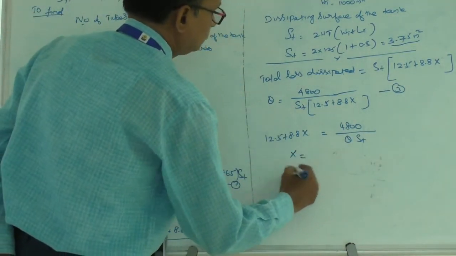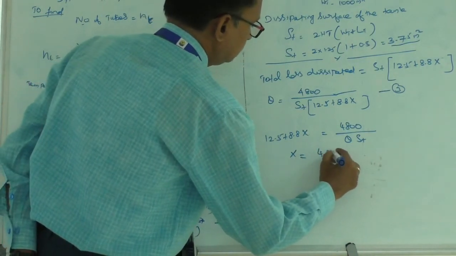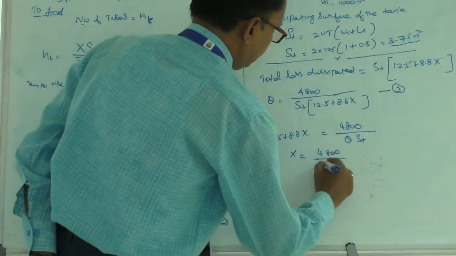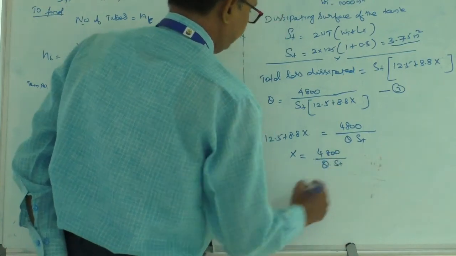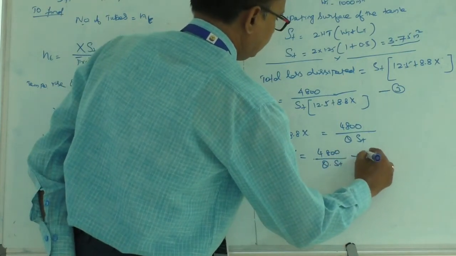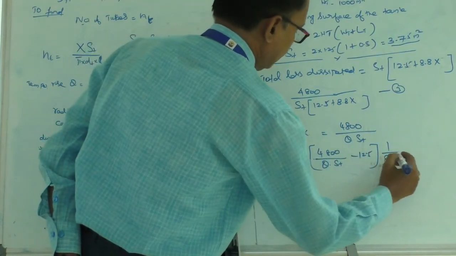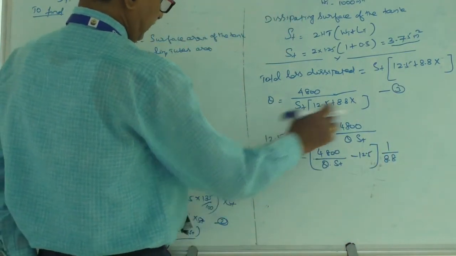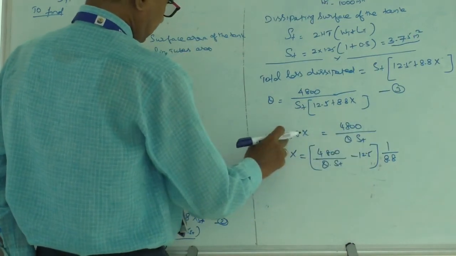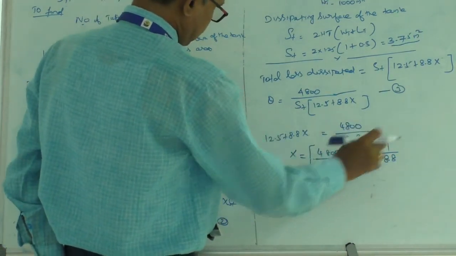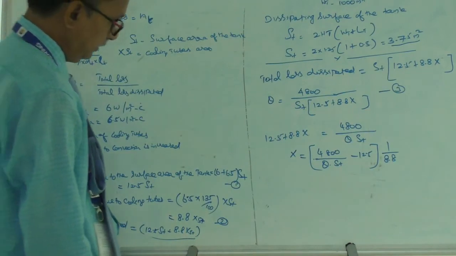Therefore, x is equal to 4800 divided by theta into ST minus 12.5, and you multiply by 1 by 8.8. Take this 12.5 to the other side, you get minus 12.5. 8.8 take to the bottom side, you get 1 by 8.8.